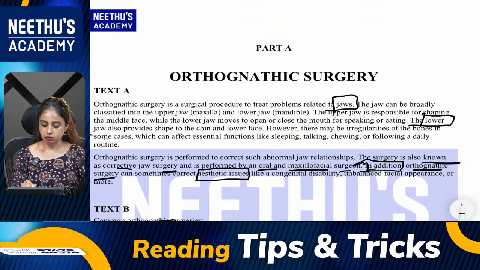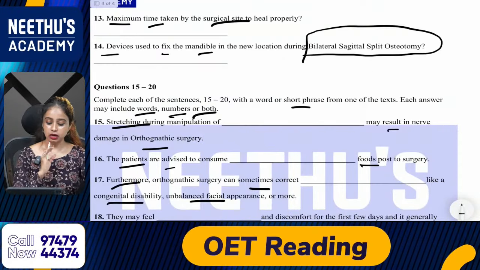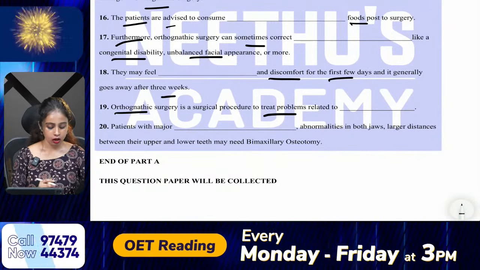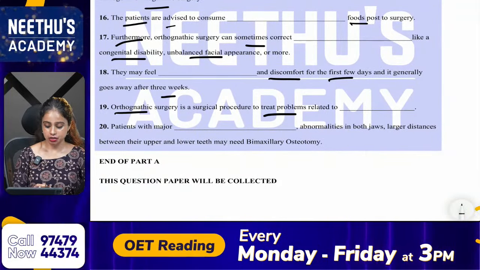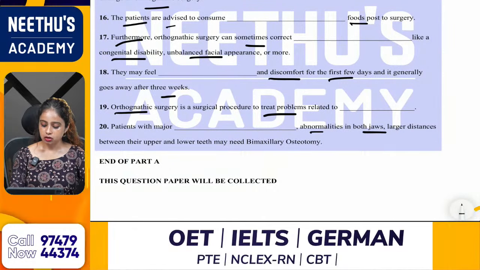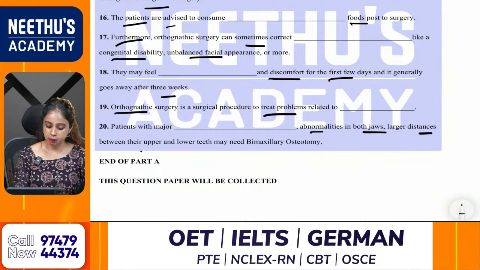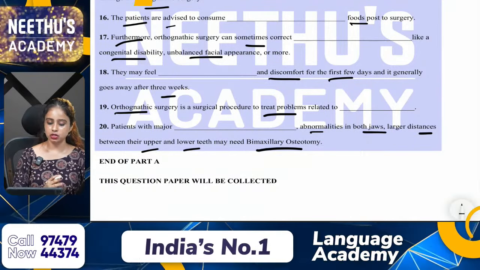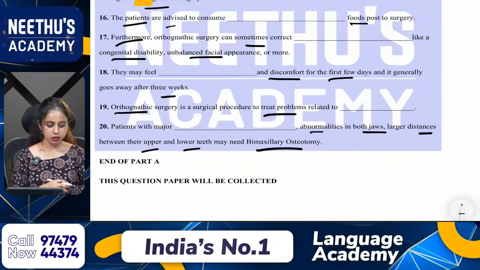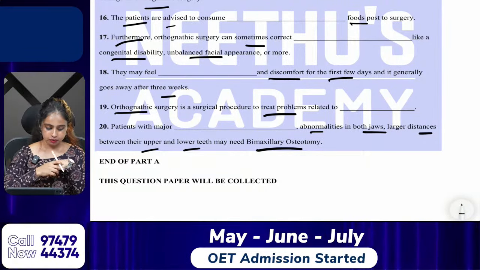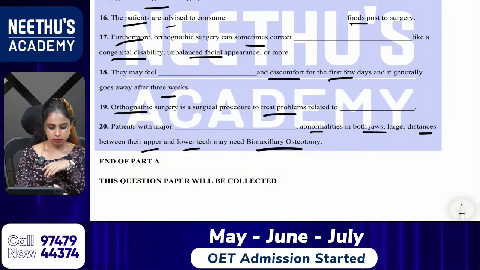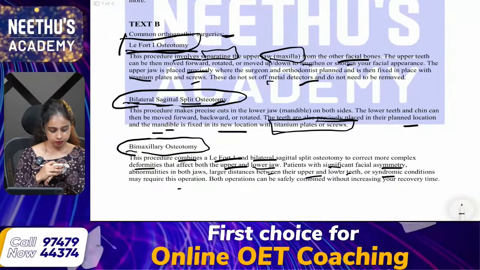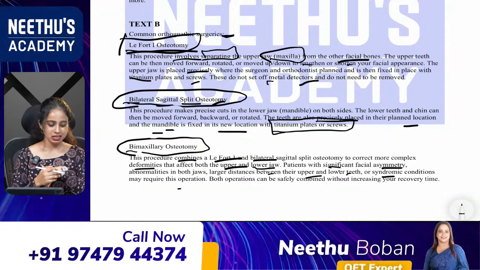Okay, related to jaws. Moving to the last question, that is question number 20. Patients with major dash abnormalities in both jaws, larger distances between their upper and lower teeth may need bimaxillary osteotomy. What is the answer to the last question? Where is it mentioned? Which is mentioned here in text B. Very good, Sabida. Your answer is correct.